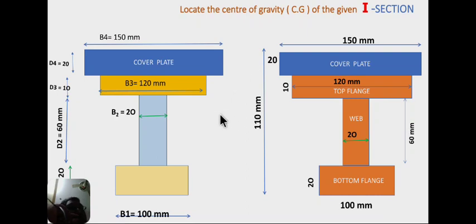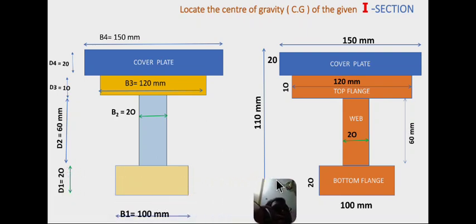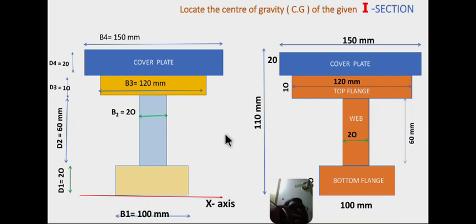So for locating the centroid CZ, you have to consider the reference axes. Now I am drawing the x-axis at the bottom edge and the vertical y-axis at the middle section. The given I section is symmetric about the y-axis.